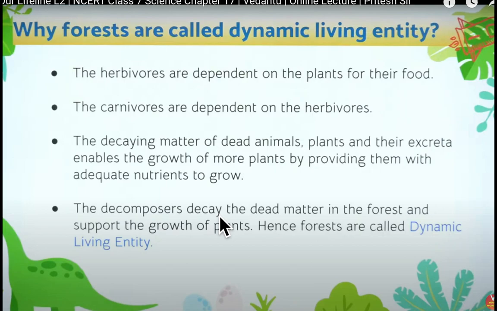Means decomposers decompose the dead animals or plants into humus, which provides the nutrients for the growth of plants. Therefore, forests are called a dynamic living entity.